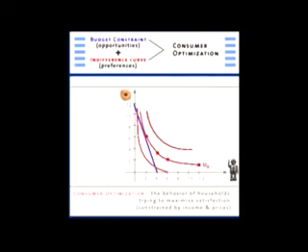Now, here we have the representation of the consumer's feasibility set. That is, the opportunities that the consumer has given income and prices. So if you spend all of your income on snacks at a price of $1 per snack and an income of $12, you can buy 12 snacks. If you spend all of your income on toys at a price of $3 per toy, you can buy 4 toys.